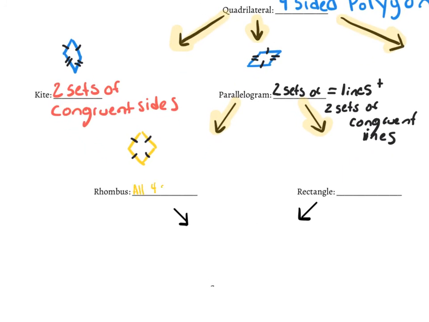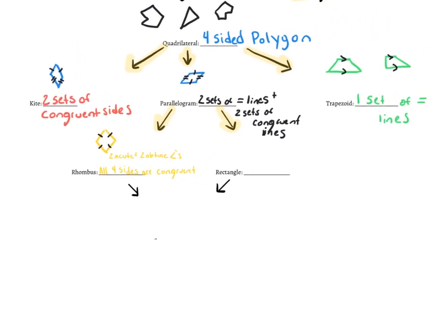All 4 sides are the same. Remember that fancy word is congruent. And it has 2 acute and 2 obtuse angles. I'll use that symbol for angles.